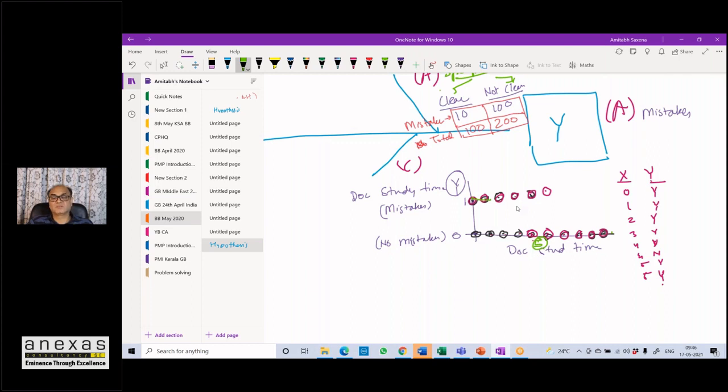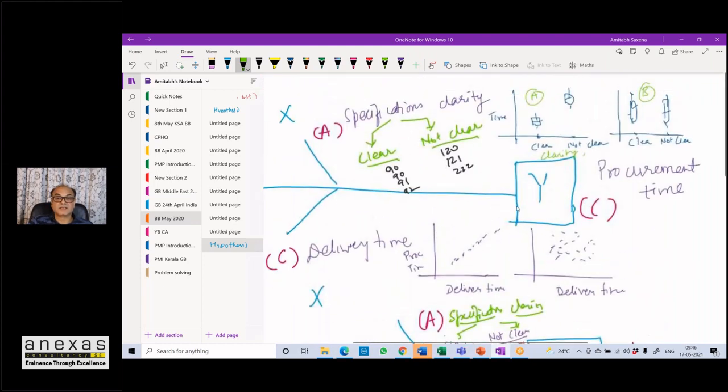But if I study the document for 5 hours, you would say that the probability of committing the mistake is around 50%. So this S curve will be obtained, which will be my probability curve, the probability of committing a mistake. And this is known as a binary logistic curve, which we'll be studying in binary logistic regression.